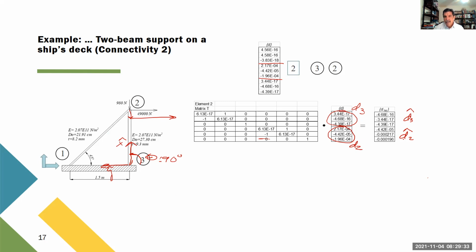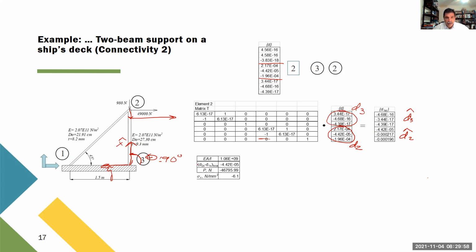Remember, this is local. So we present these values in this reference system. Local is in that direction. That's your X local. In this case, the result is negative there. We proceed to the internal forces and stresses.